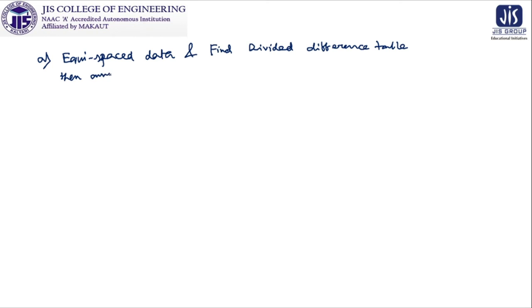If you have equispaced data and find the divided difference table, then what observation can you make?